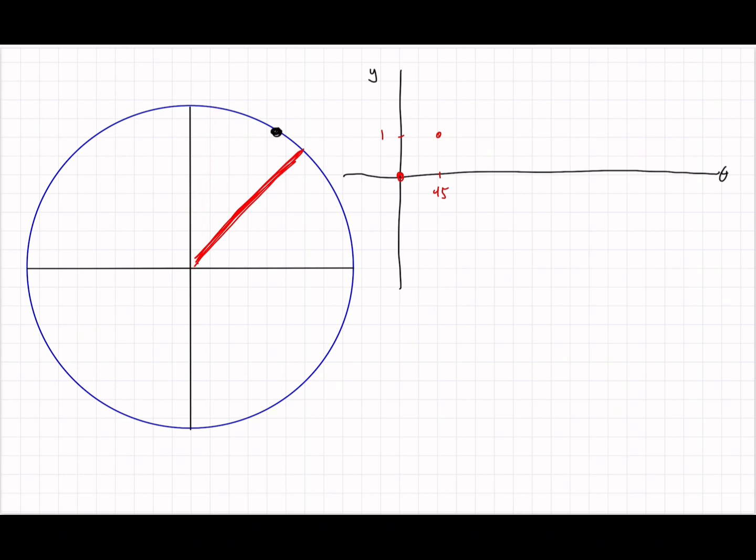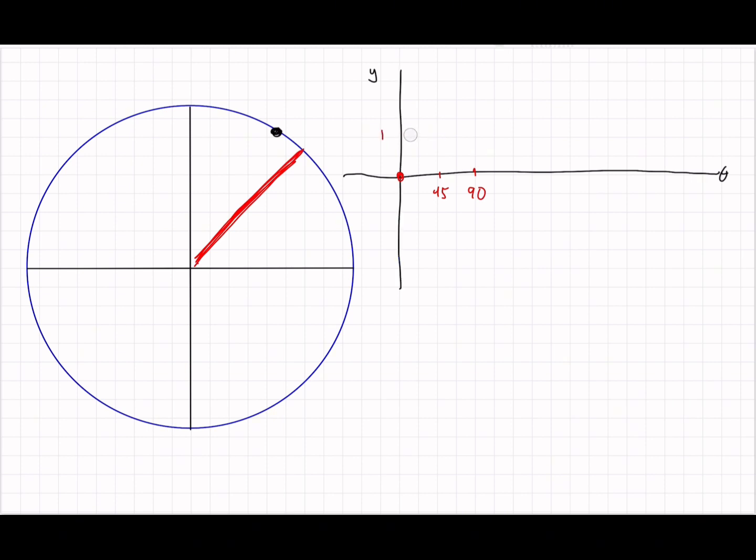Does the slope ever stop increasing? The slope never stops increasing, and as it gets very, very close to 90 degrees, it's going to get very, very high. And so that's what the asymptote is all about, right? So for 90 degrees, the slope, yeah.